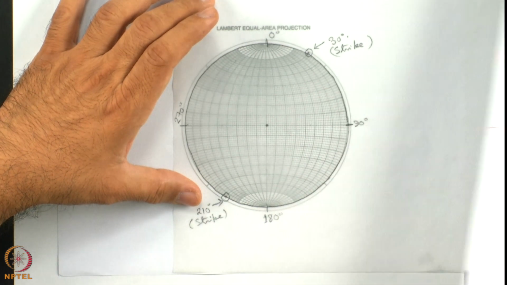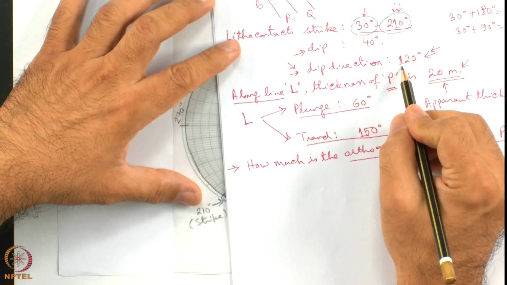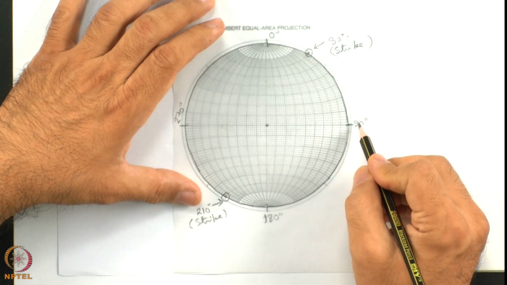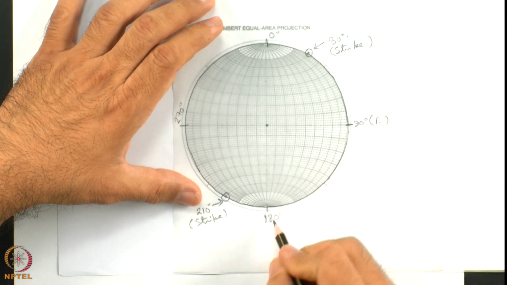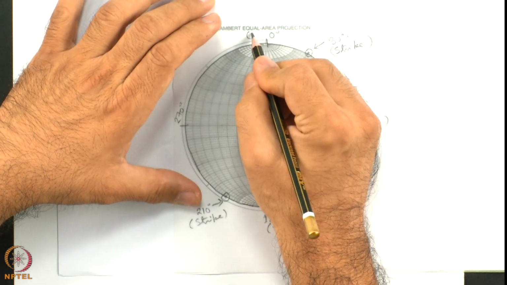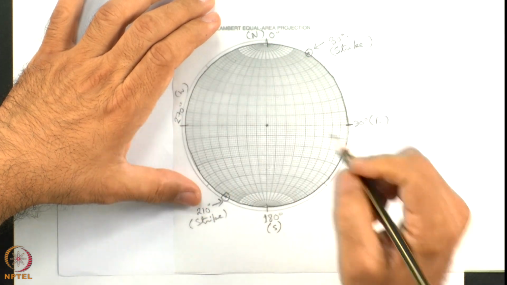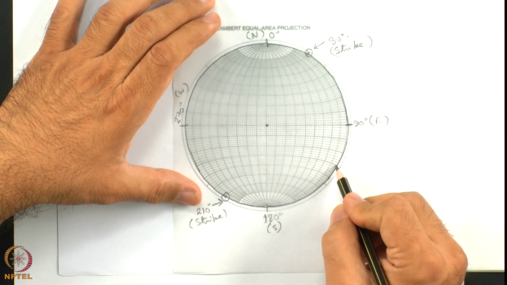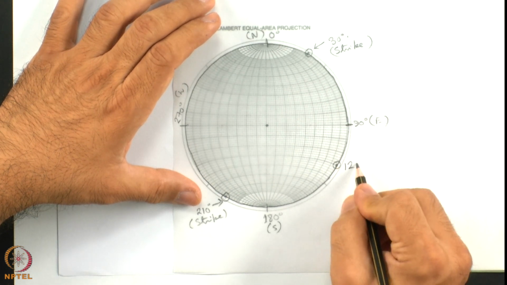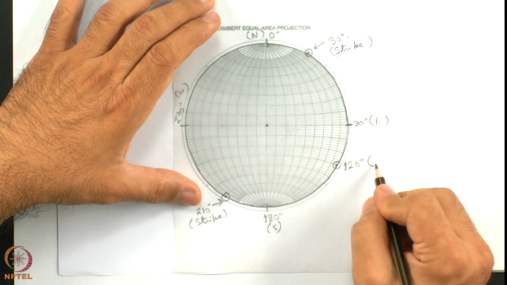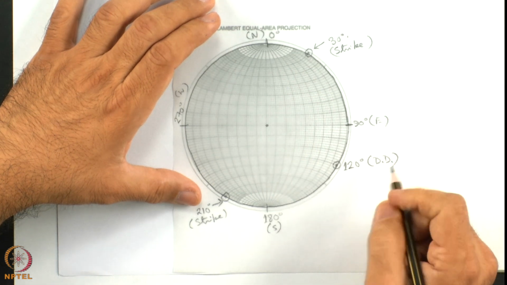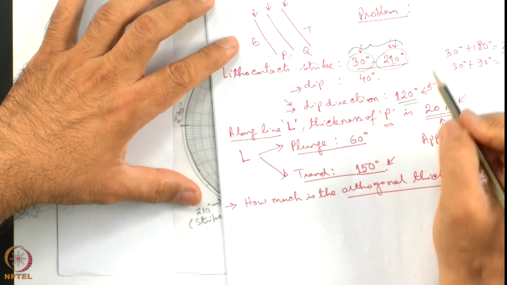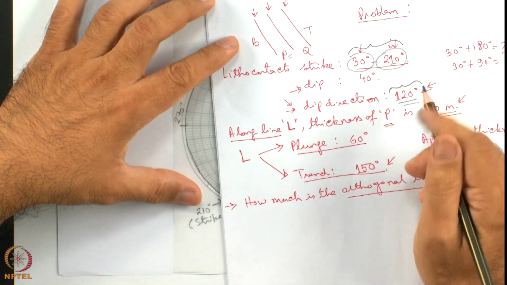Next, the dip direction is given as 120 degree. I have to plot 120 here. This is 90 degree or east. So, from here 100, 110 and 120 degree, and this is the dip direction. So, I have utilized the strike data and the dip direction data.